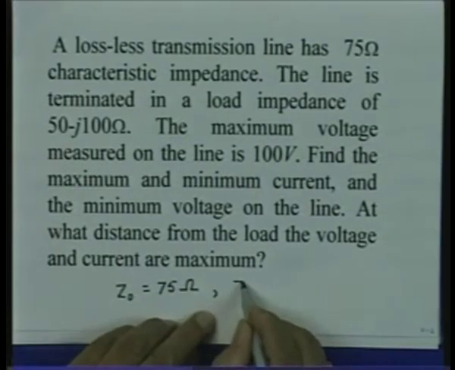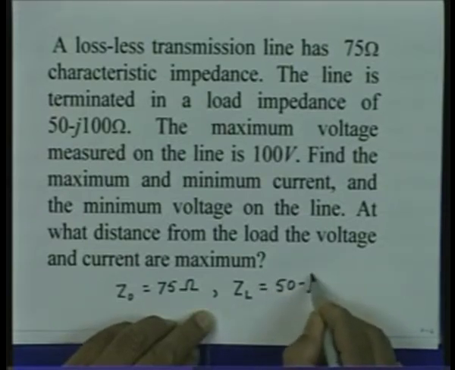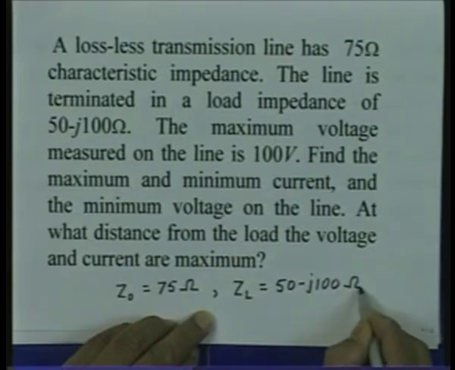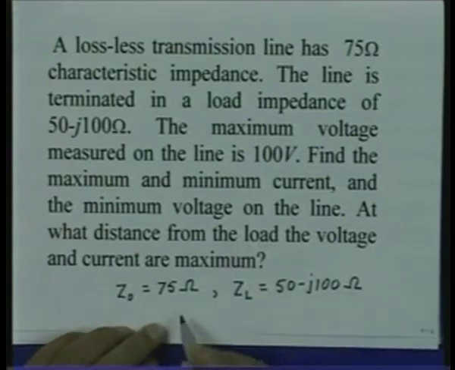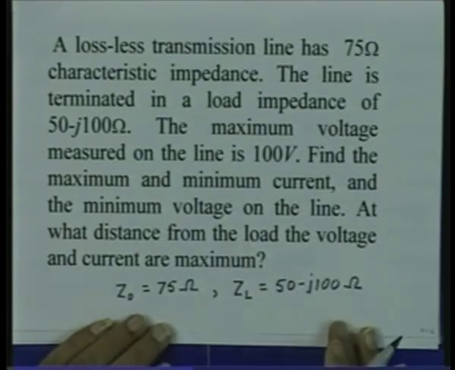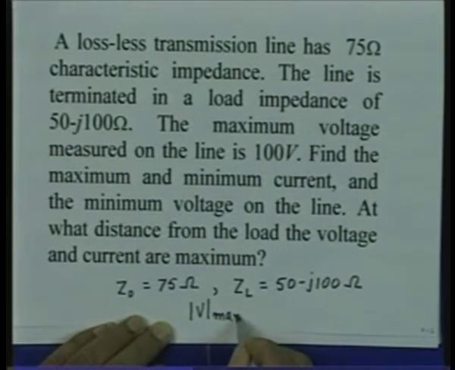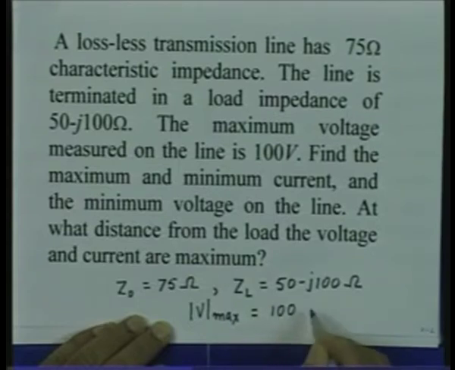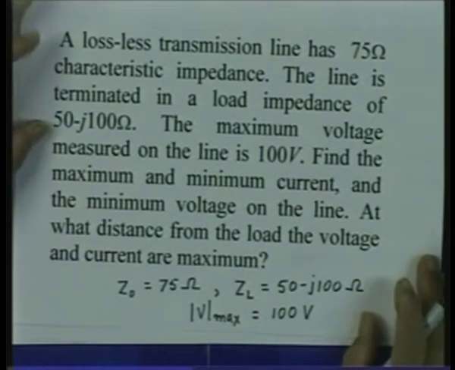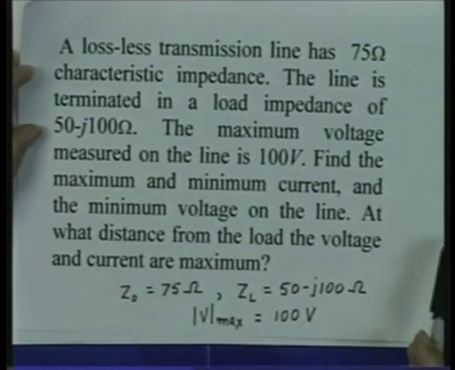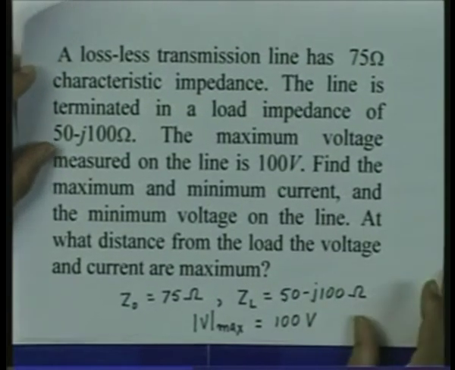The load impedance ZL is 50 minus j100 ohms, and the magnitude of the maximum voltage on the line, mod V max, is 100 volts. Using this information, we have to find the other parameters, like the voltage and current minimum and the distance of the voltage minimum from the load point.